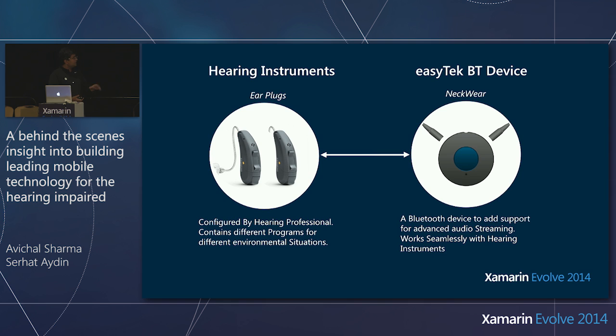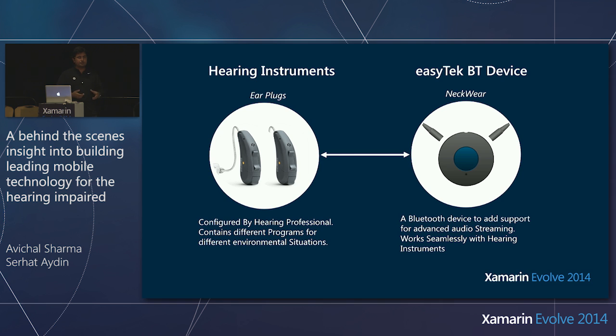The second device was the easyTek Bluetooth device. Now this device is a new device. It's not launched in the market as of now. The real launch date is going to be 7 days later. So it's neck wear. How you wear it, it hangs around your neck. You wear it just like your badges.